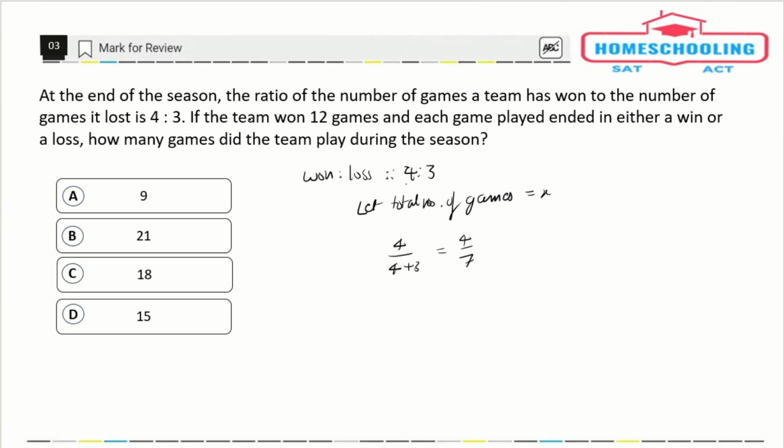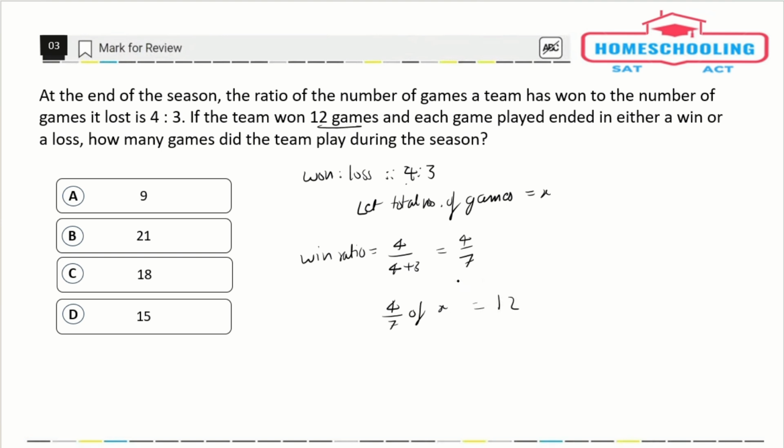So the winning ratio is 4 by 7. From the question, 4 by 7 of the total games, that is x, is equal to how much? That is 12 games.